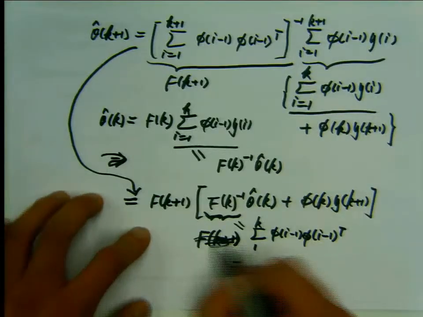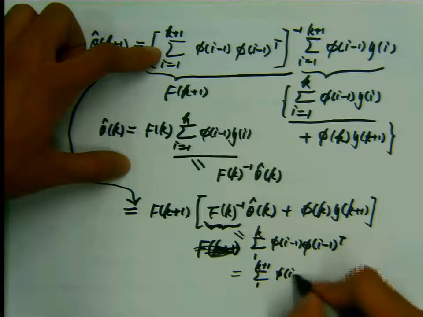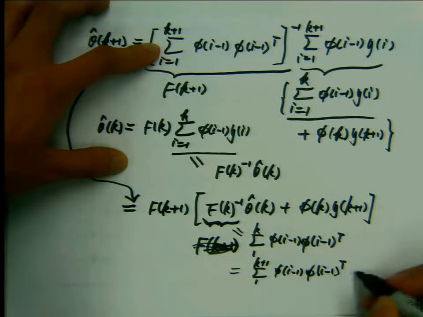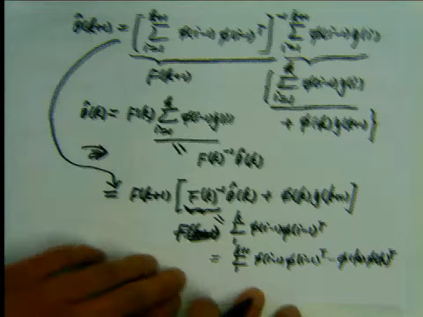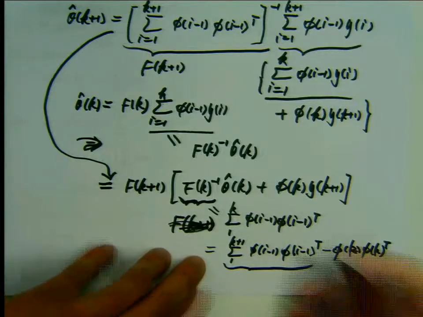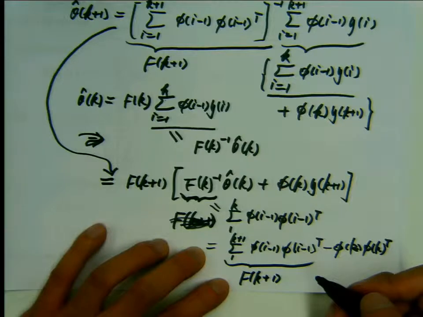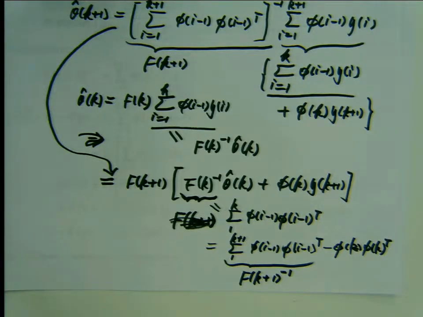Now look at here, this is equal to the summation from 1 to k plus 1 minus, what's the index, should be k, and this guy equals F k plus 1 inverse, right?